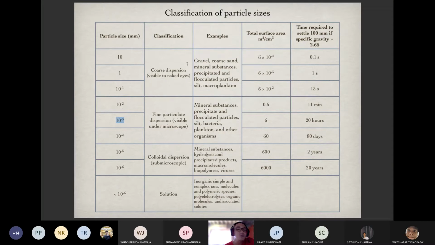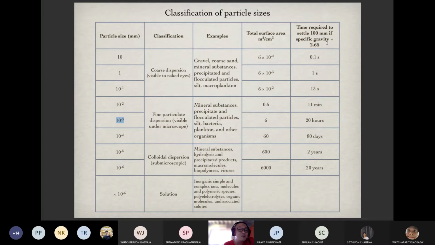Let's assume all these particles have a specific gravity of 2.65. 2.65 is the average specific weight of sand. If you have taken the construction material testing lab, I assume you will be familiar with this number.